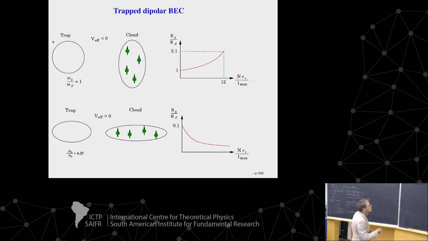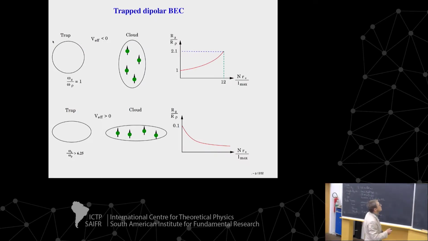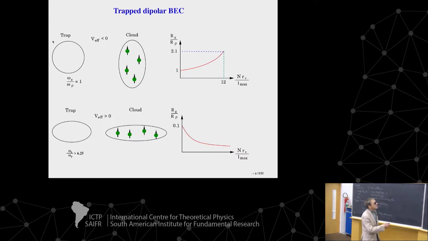Then, you may solve the Gross-Pitaevskii equations, yes, and then you find out that, for example, if your trap is spherical, then the cloud will be elongated in the direction of the dipoles because of the anisotropic character of the dipole-dipole interaction, yes.